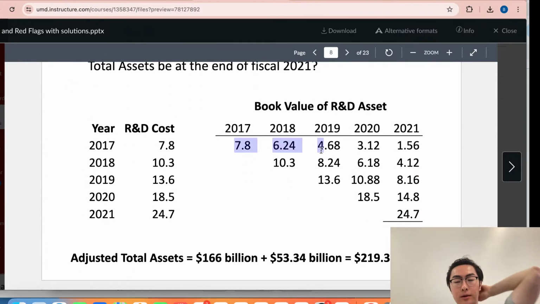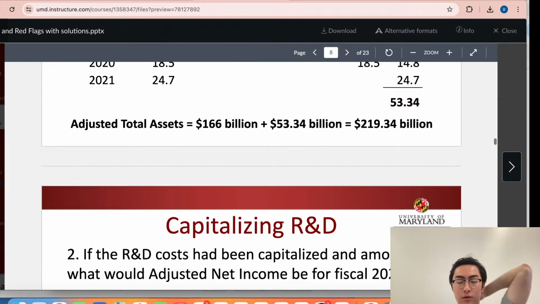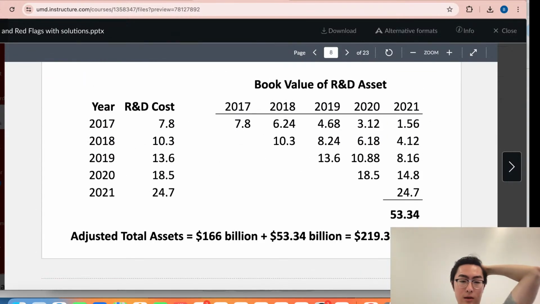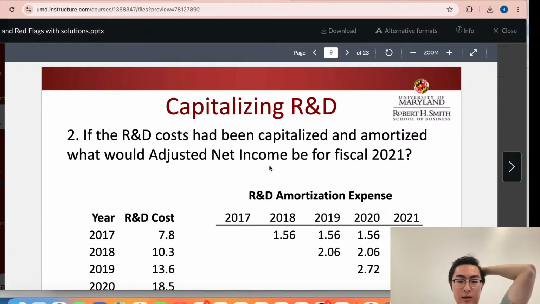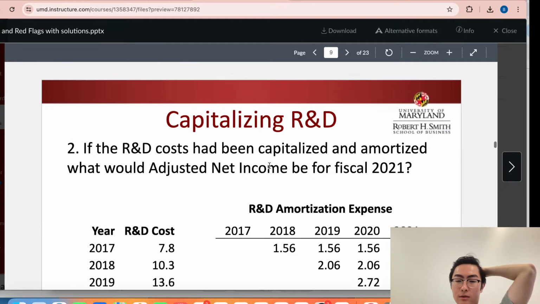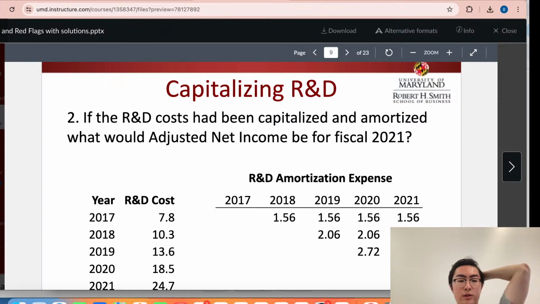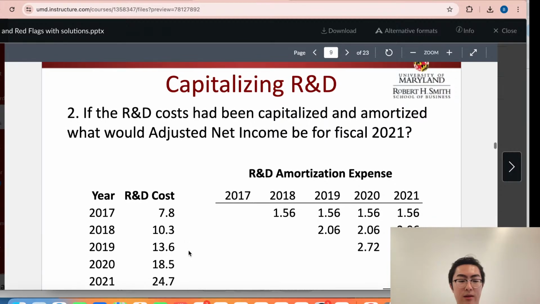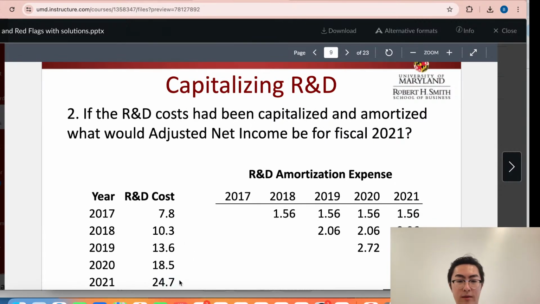So then I believe you get to this 53.34, okay. And if R&D costs had been capitalized, so the adjusted net income for fiscal 2021, I think what you would want to do is add back the R&D cost of 24.7 to net income.